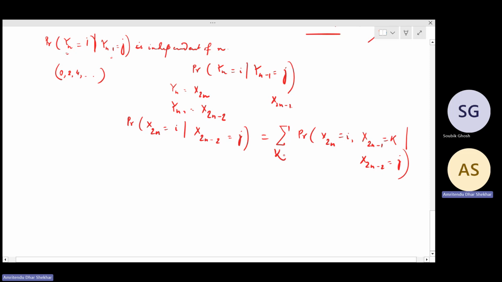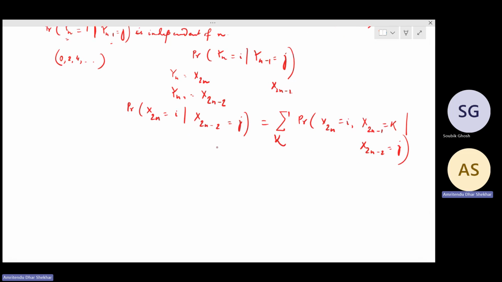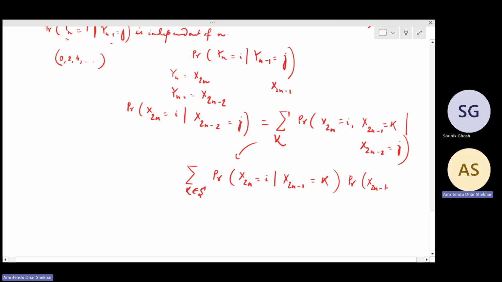We're marginalizing this over all k, right? If we proceed further, this is equal to the sum over all k of the probability of x2n equals i given x2n minus 1 equals k, times the probability of x2n minus 1 equals k given x2n minus 2 equals j, right?